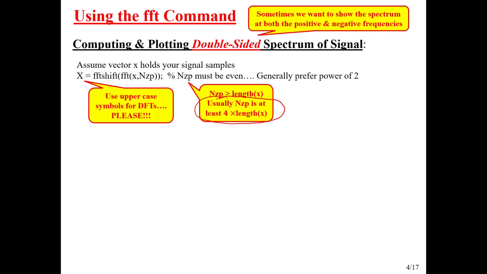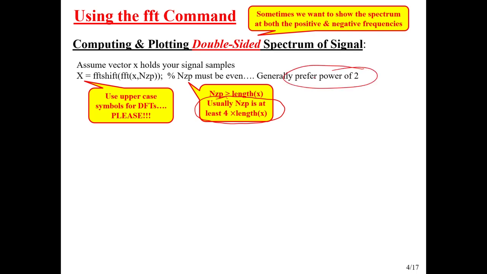In order to get the grid error down to a reasonably small amount, I usually put in an NZP value that is on the order of 4 to 5 times the length.